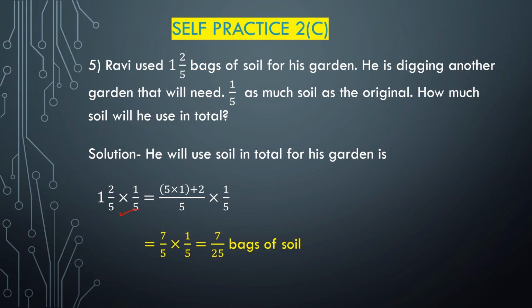Then we convert this mixed fraction into an improper fraction. 2 divided by 5 equals 5, the denominator, multiplied with the whole, 5 multiplied by 1 is the whole, plus the numerator 2, divided by the denominator 5.